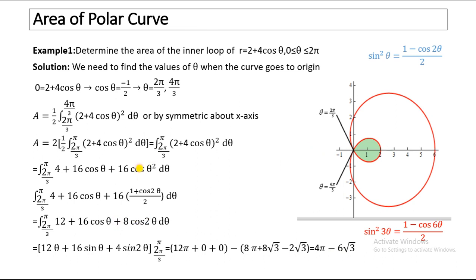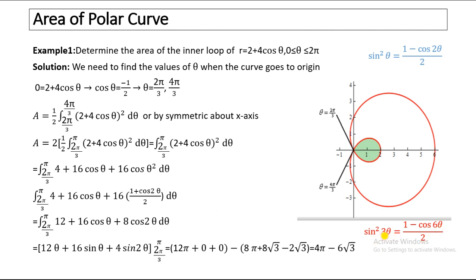If cosine square theta, the rule is 1 plus cosine 2 theta over 2. But if sine square theta, the question has sine square theta. Sine square theta equals 1 minus cosine 2 theta over 2. And so on. Sine square 3 theta, 1 minus cosine 6 theta over 2.